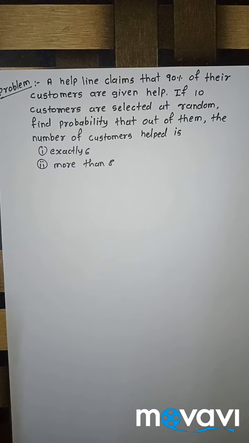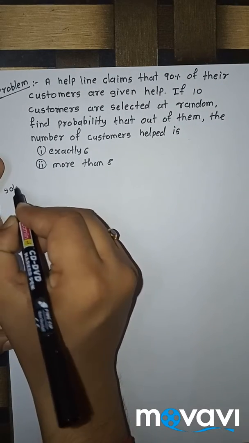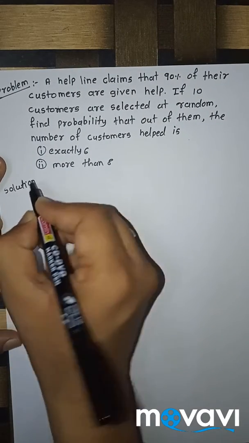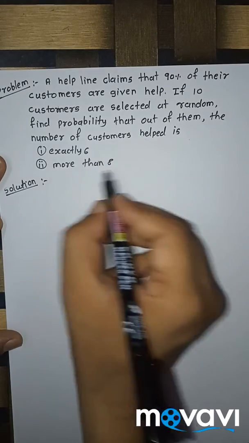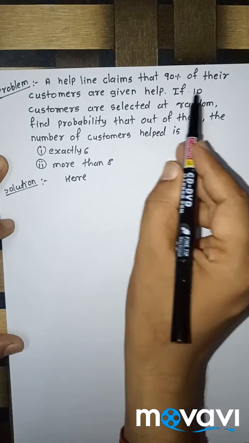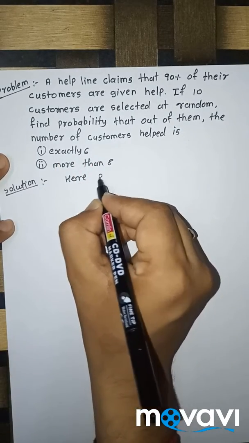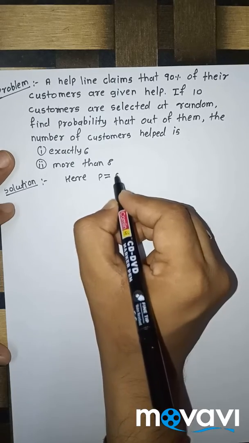Find probability that out of them the number of customers helped is exactly 6 and second more than 8. Solution: here a helpline claims that 90% of their customers are given help, therefore P means probability of success.